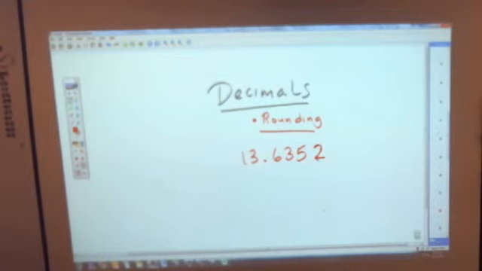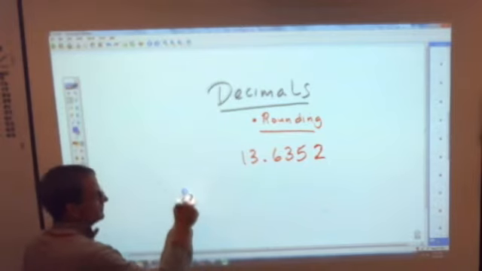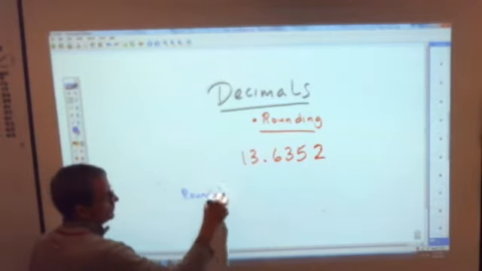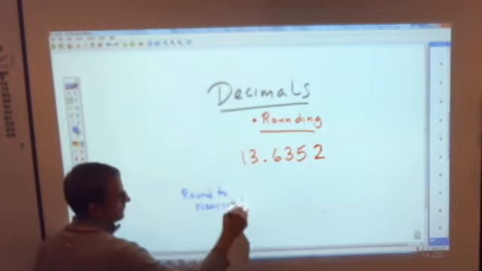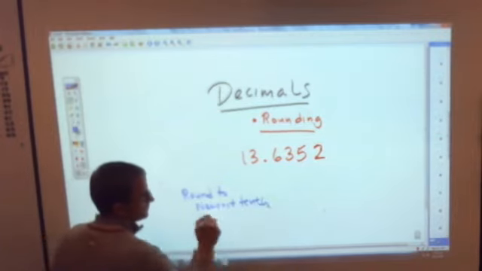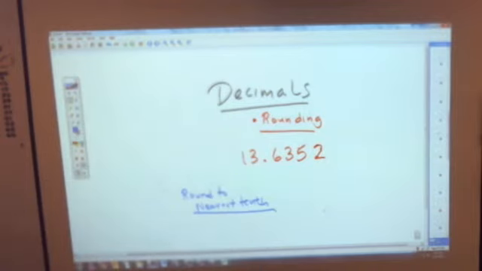13.6352. And you were told to round, let's round this to a couple different things. What if I were rounding it to the nearest tenth? Okay, just like regular rounding, it works pretty much the same except there's a couple of special different things here.